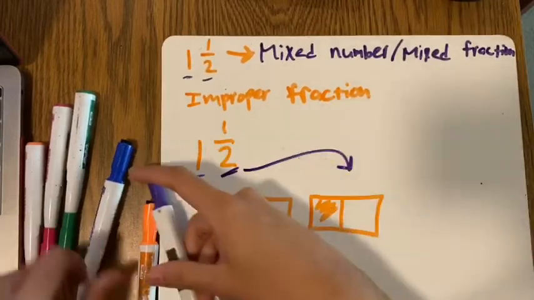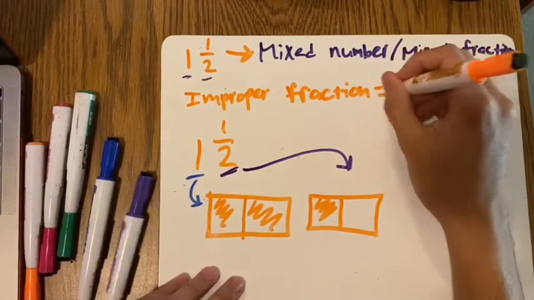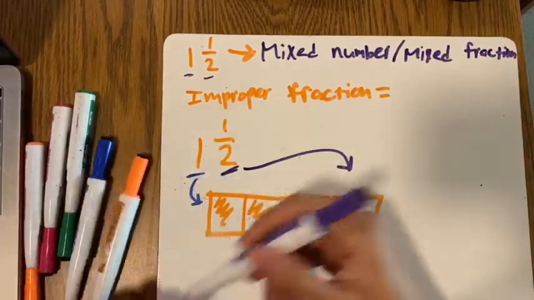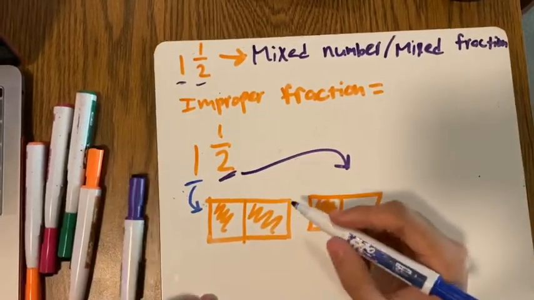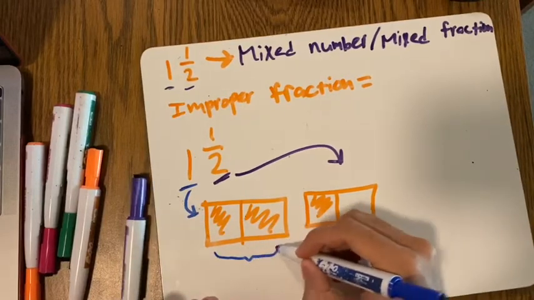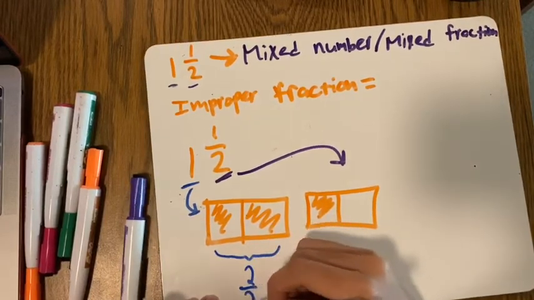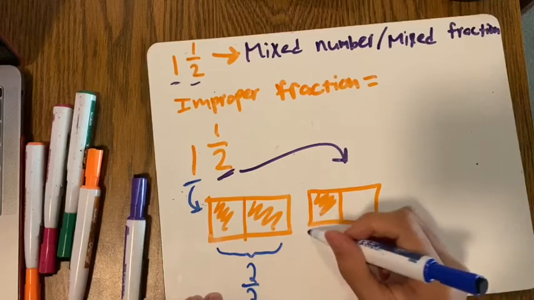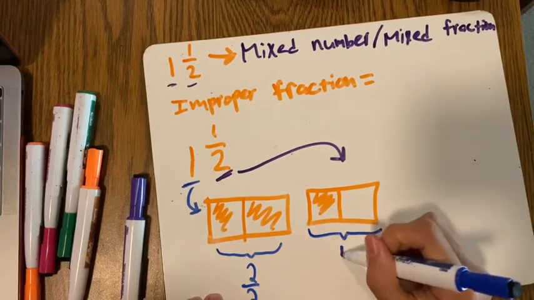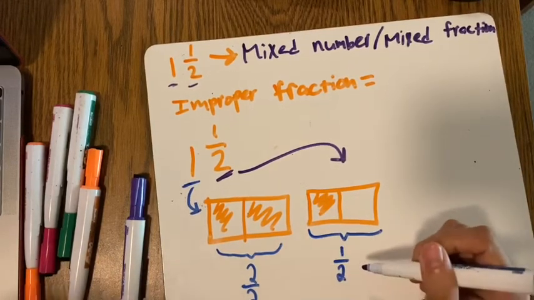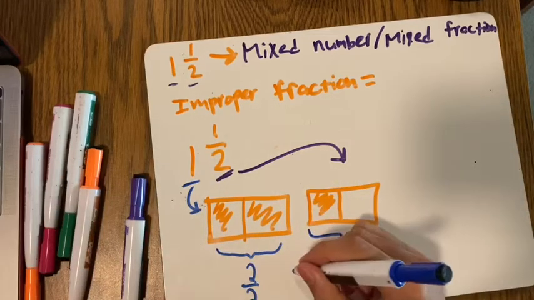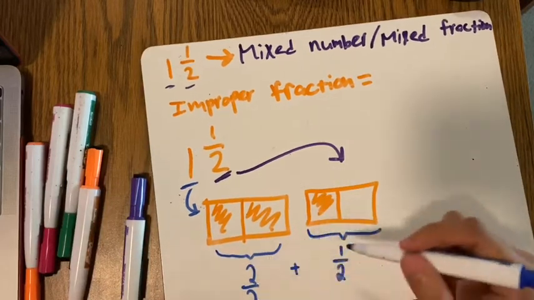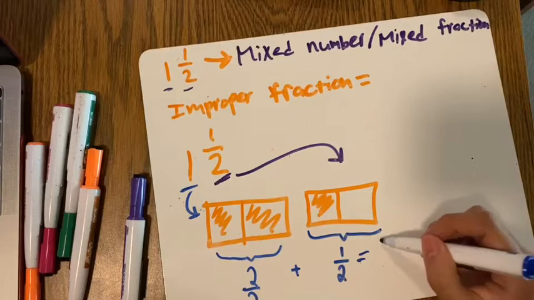But remember, everybody, I want it as an improper fraction. So how can I do that? Well, here I have 2/2, and then here I have 1/2. So if I combine those, 2/2 and 1/2, that gives me 3/2.